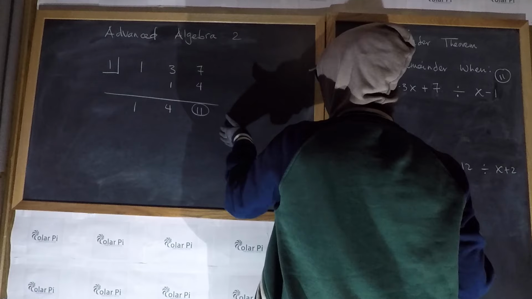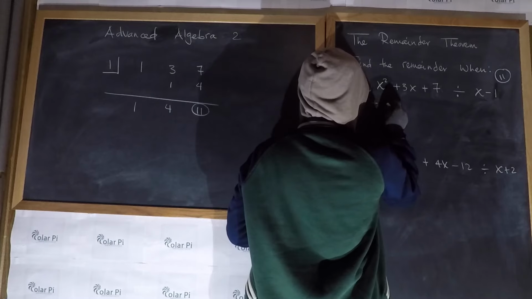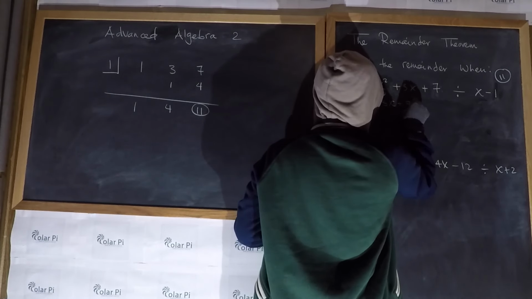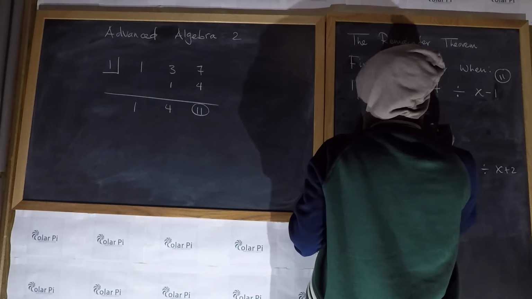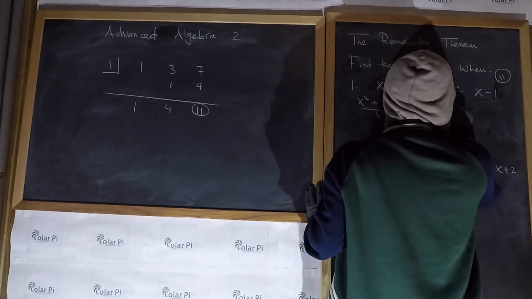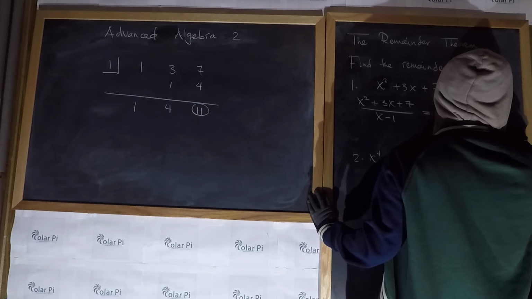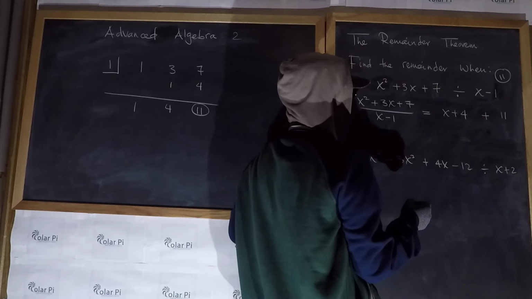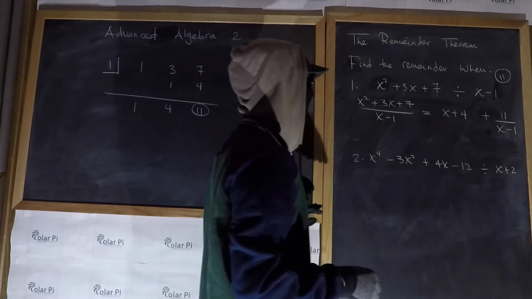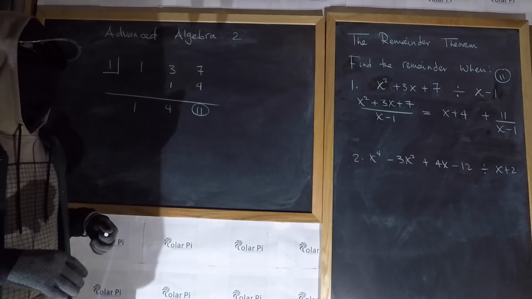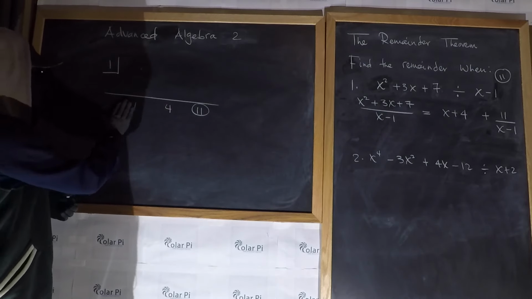So what we get out of this is that when x squared plus 3x plus 7 is divided by x minus 1, it's equal to x plus 4, and then it's the remainder divided by the divisor. That's how we always write it. We write the remainder divided by the divisor. So that's that in the first problem.